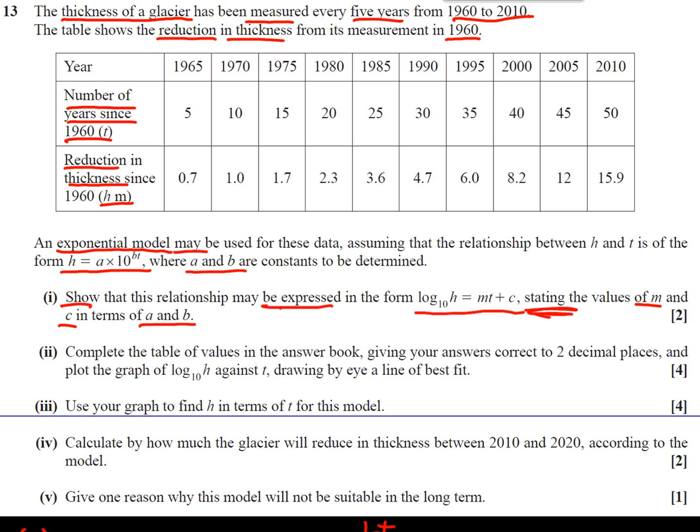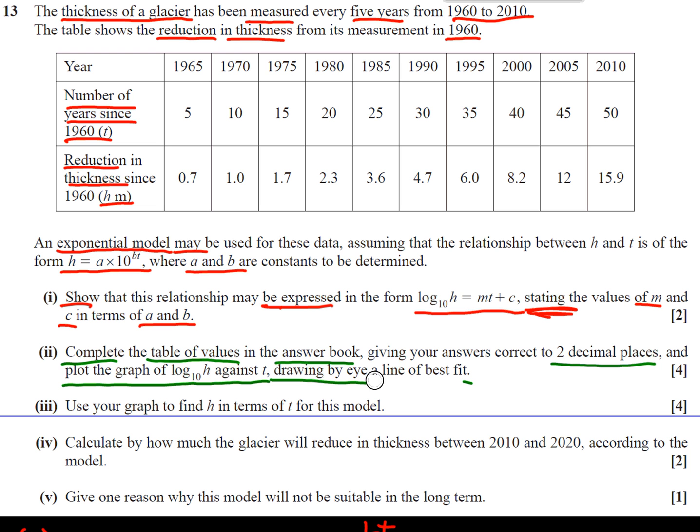Part 2. Complete the table of values in the answer book, giving your answer correct to 2 decimal places, and that's the first part, and then plot the graph, drawing by eye a line of best fit.